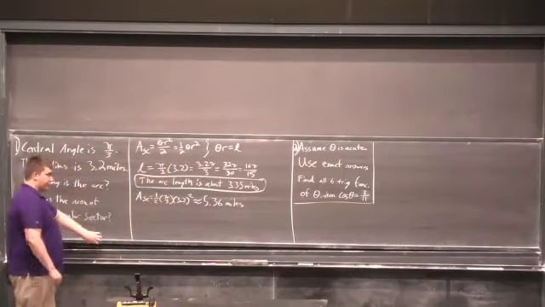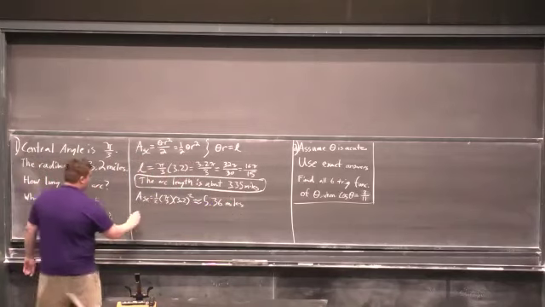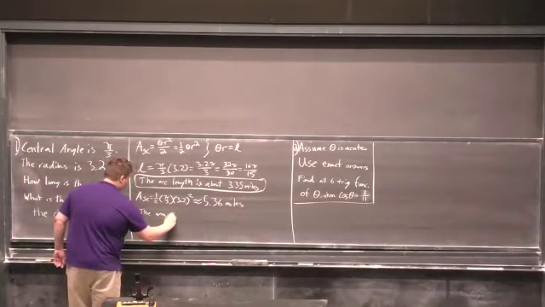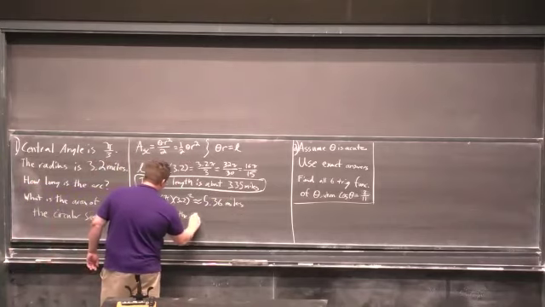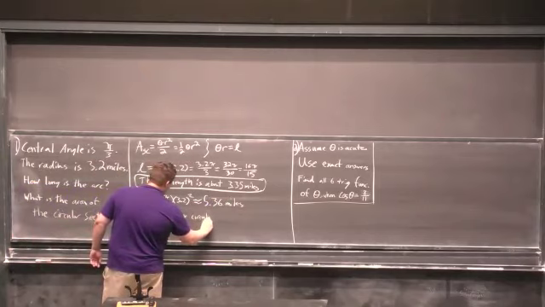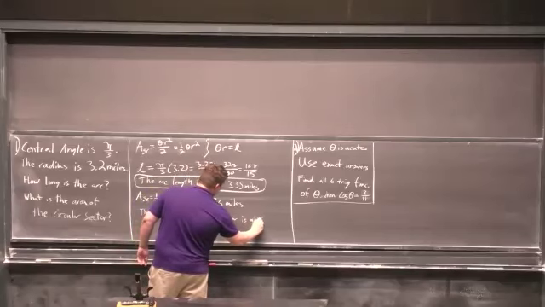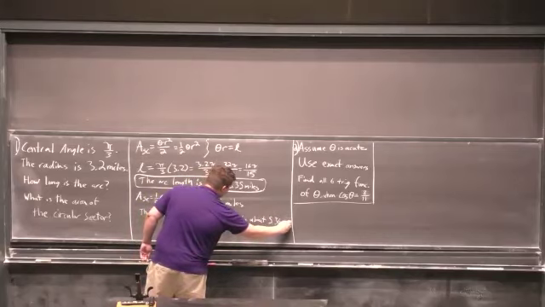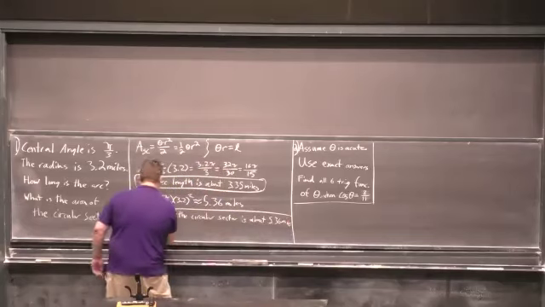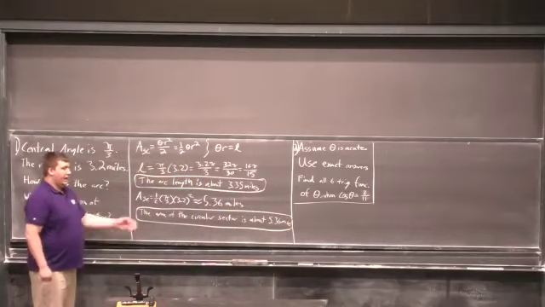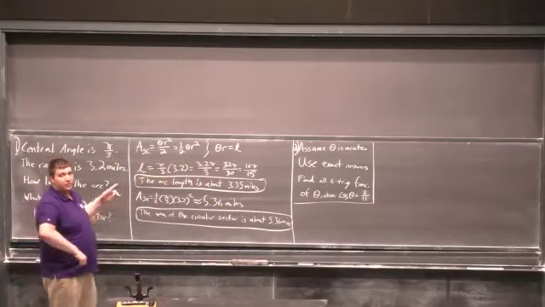Simply put it back into the real-world answer and say the area of the circular sector is about 5.36 miles. And this would be a complete answer to question number 1.